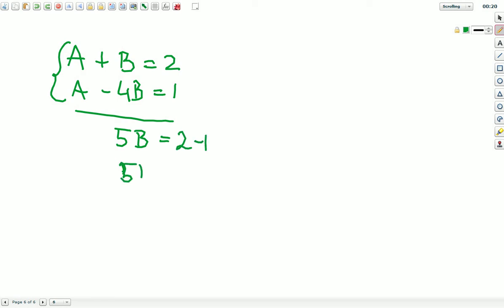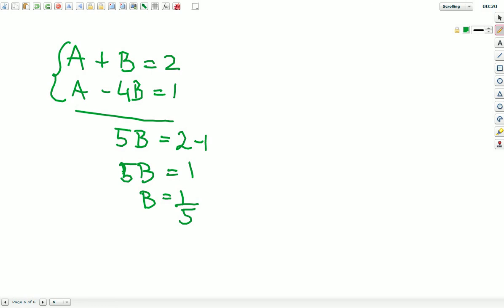So 5b is equal to 1, and this gives me b equals 1 over 5.